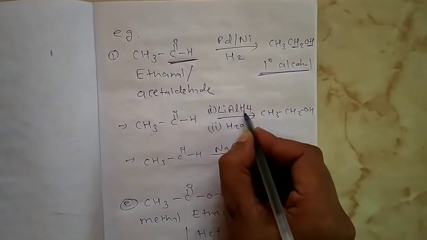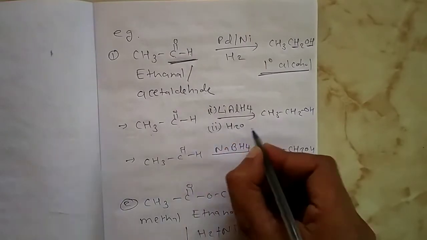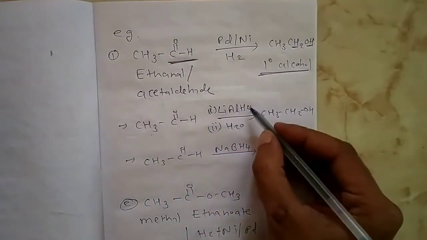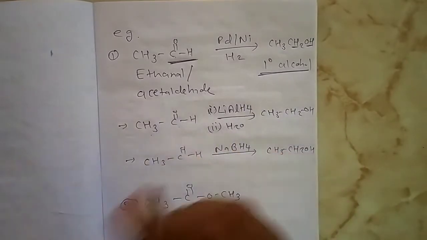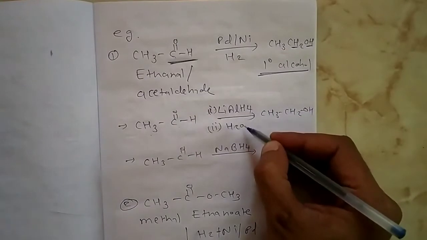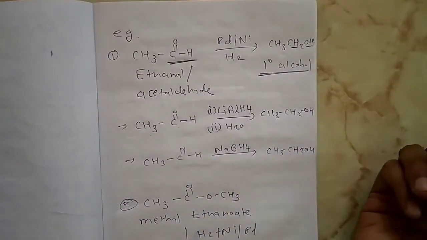Then in the second step you have to react it with water. First step lithium aluminum hydride, second step water. You have to remember this. It is very important to react it with water in the second step, otherwise you will not get the product.